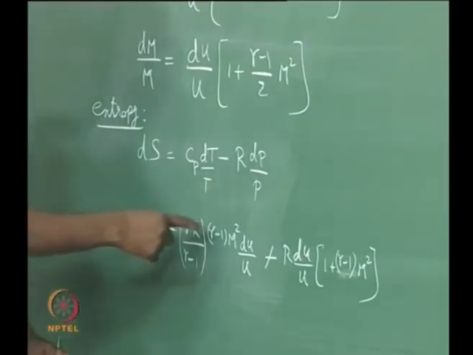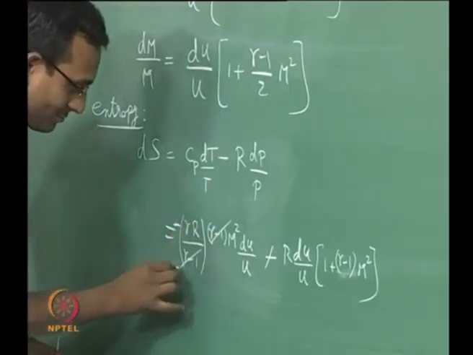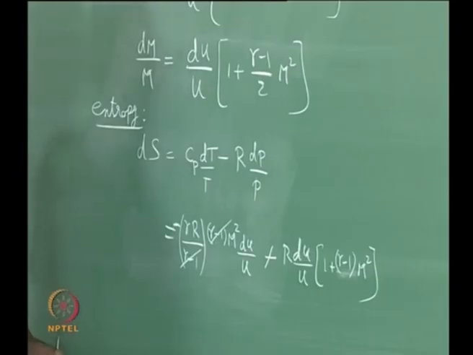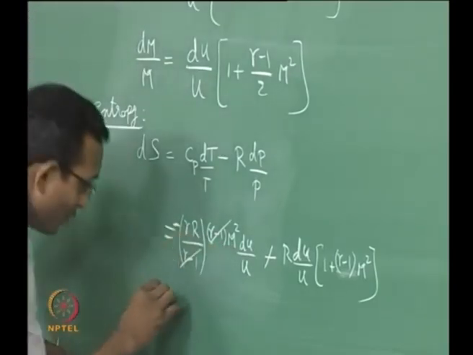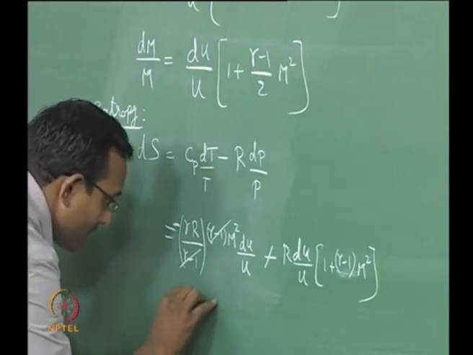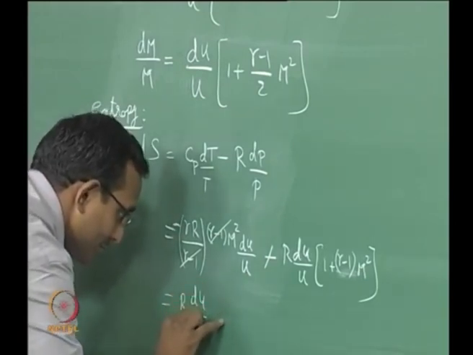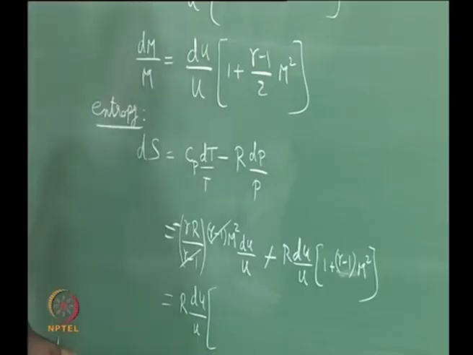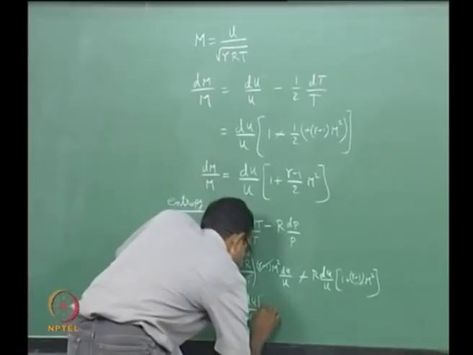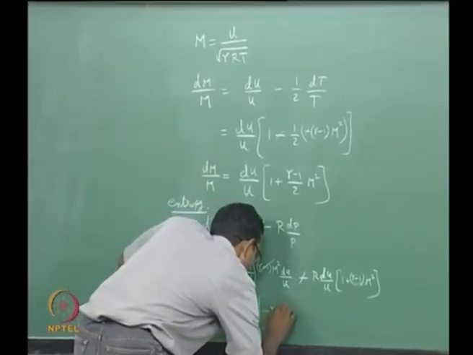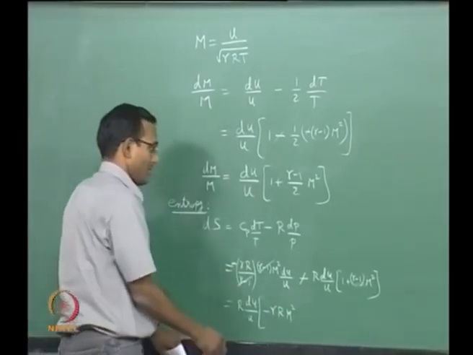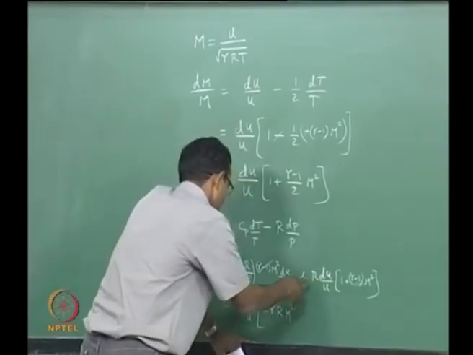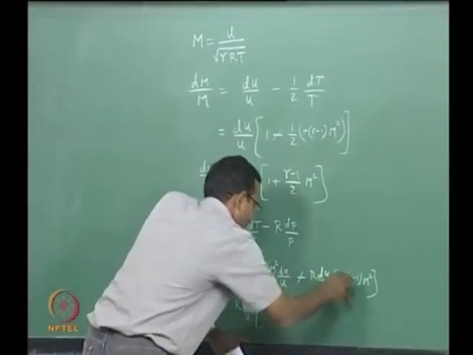Now if you look at this particular term, gamma minus 1 gets cancelled. So if I look at the remaining terms, I will bunch out common terms, r times du by u is common. Looking at the remaining terms, there is a minus gamma r m square remaining, and then I pulled out r du by u, so remaining thing is plus 1.